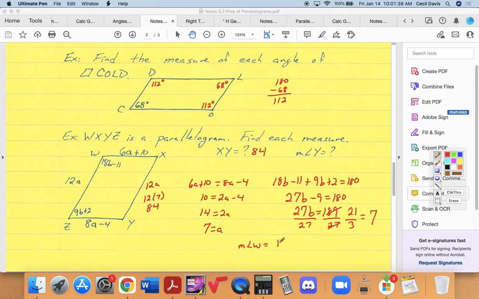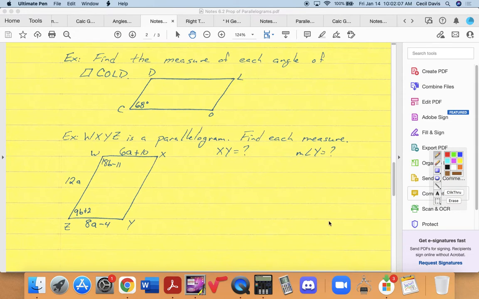So that'll be 18 times 7 minus 11. Let's see, that's 70 plus 56 is 126 minus 11 is 115. Okay, any questions about that? Okay.